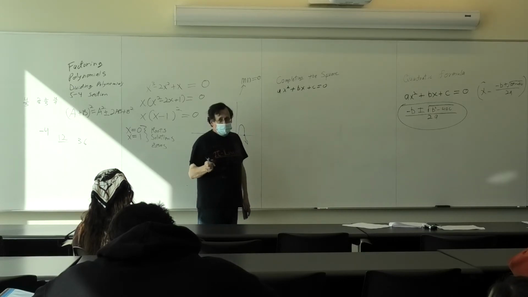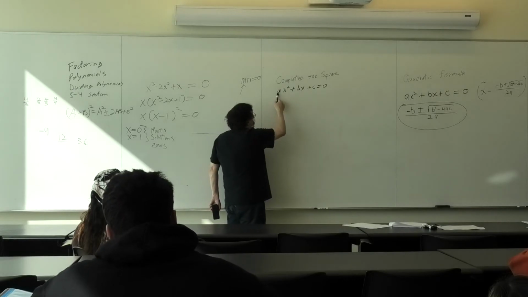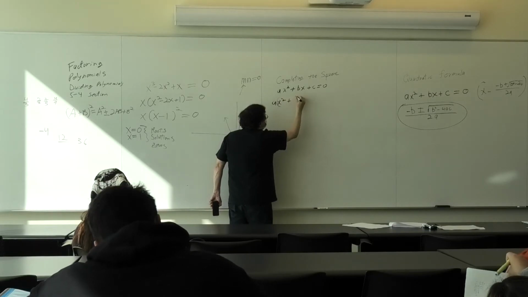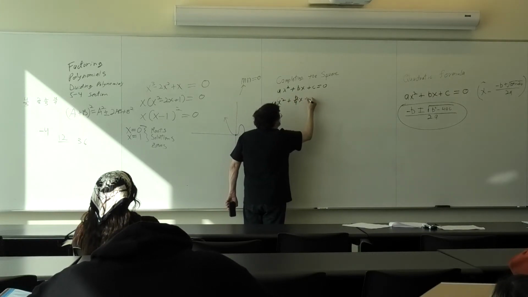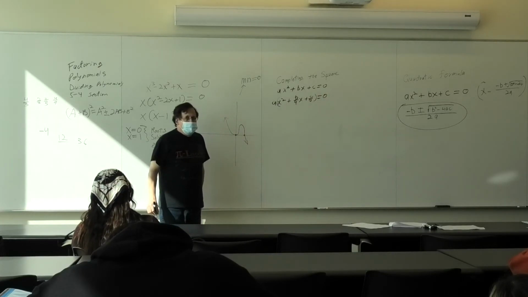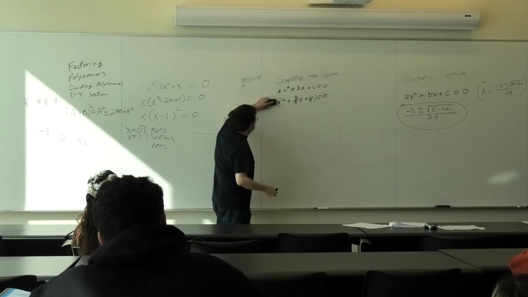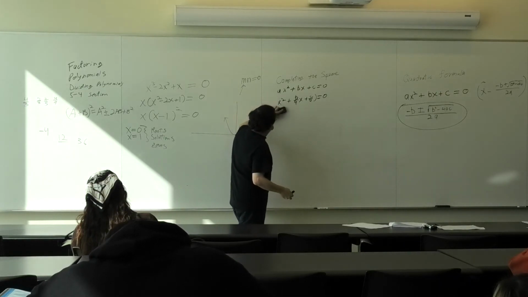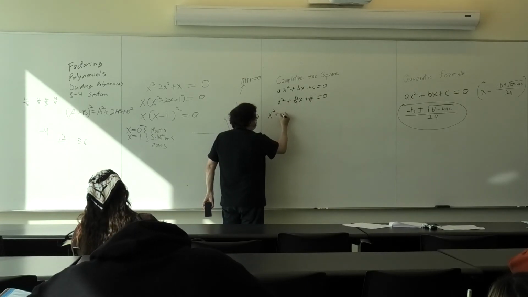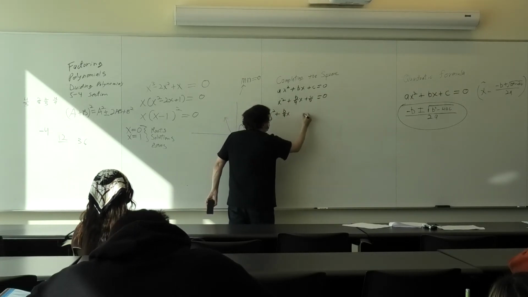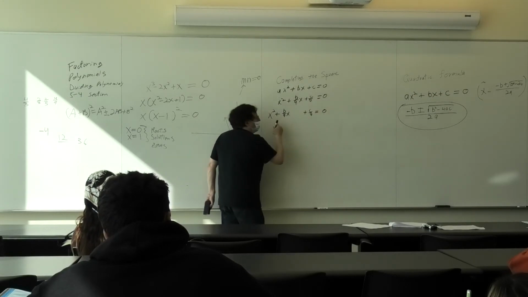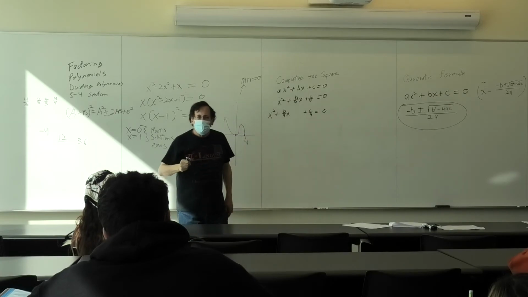So if you remember, the first thing I did was I got rid of this a coefficient. It's gone. It doesn't matter. The next thing I did is I completed the square. Anyone remember how I got that number?